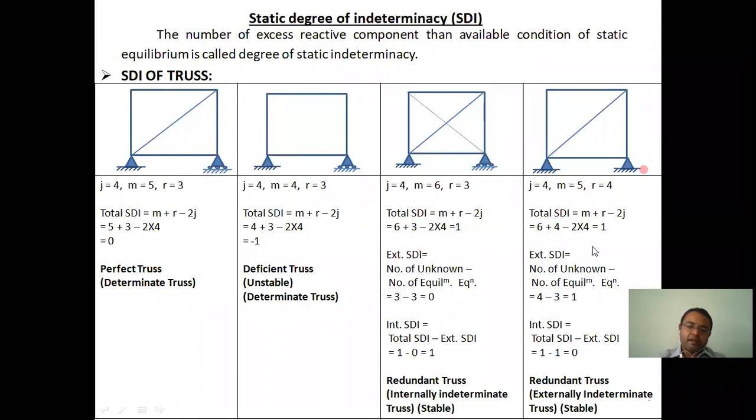Of course, anyhow, there is the existence of SDI 1. That means the structure is indeterminate, but it is externally indeterminate. This is an externally indeterminate type of truss. Why? Because the supports are, of course, provided externally, and here we are going to consider the external indeterminacy.